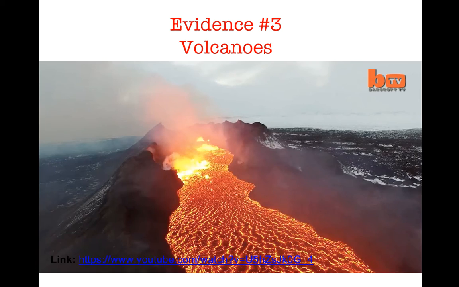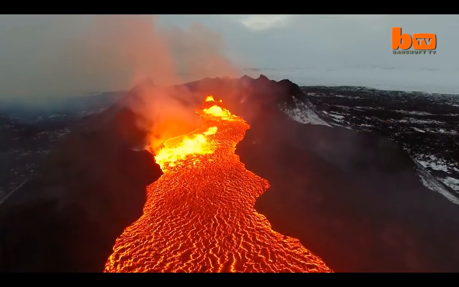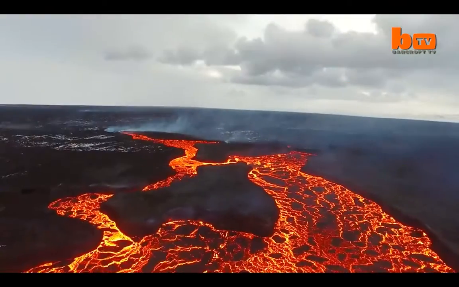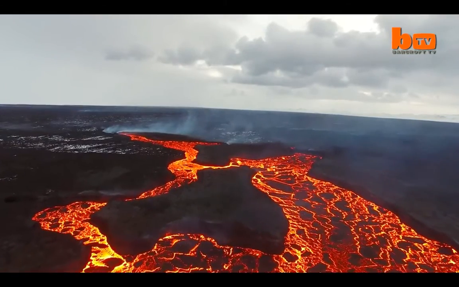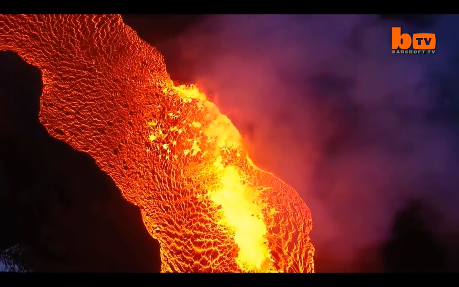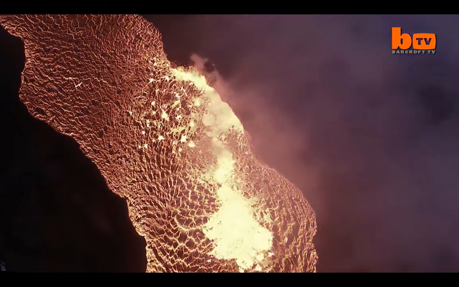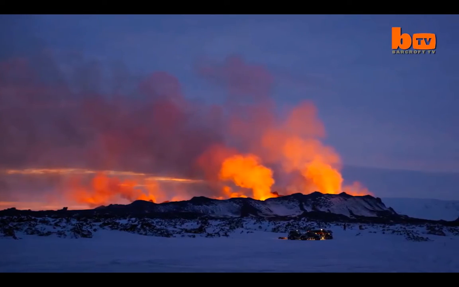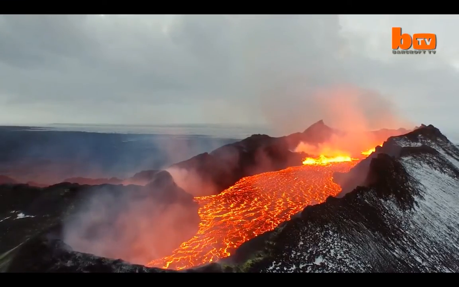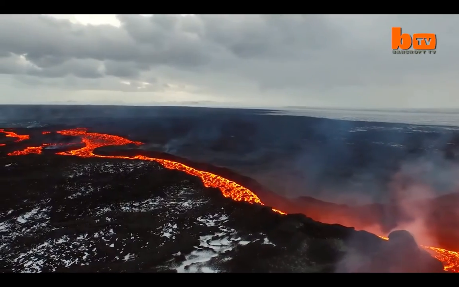Evidence number 3 is volcanoes, and here are some volcanoes that I showed in class. What I want you to notice is that this is very hot material. It's at least 1100 degrees Celsius.